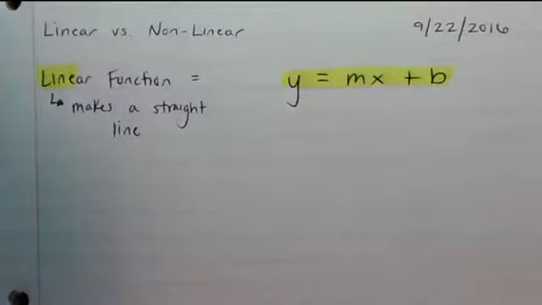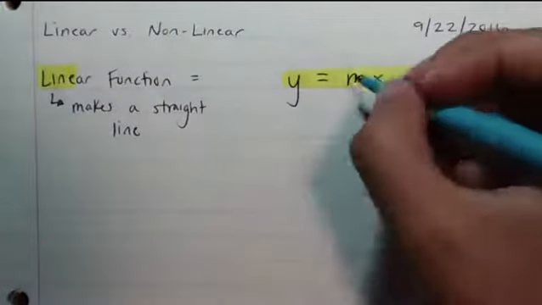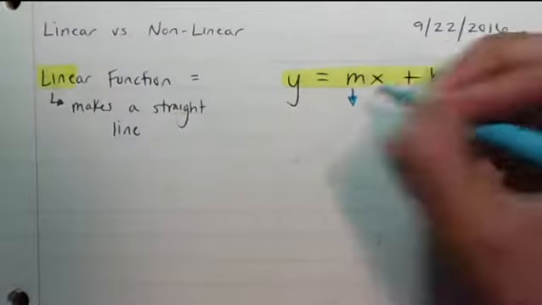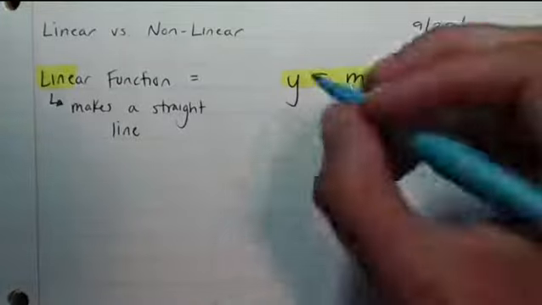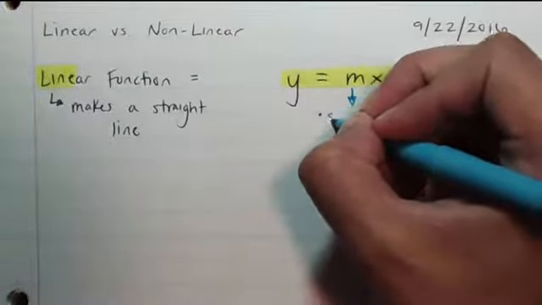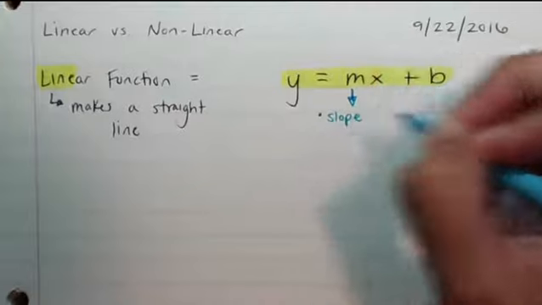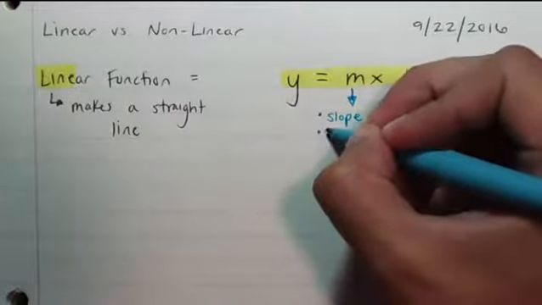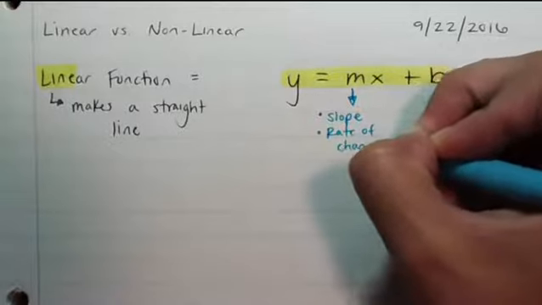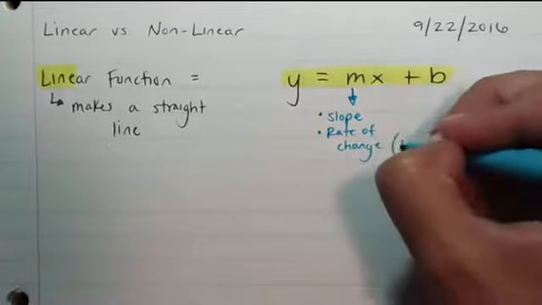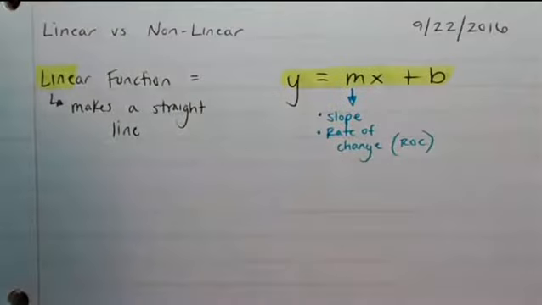So the first thing I want to talk about is the m. What do you remember about the m? What did that represent? Okay, you should have said that's the slope. Or you might have learned it as the rate of change. And your teachers could have used just rock, rate of change, rock.